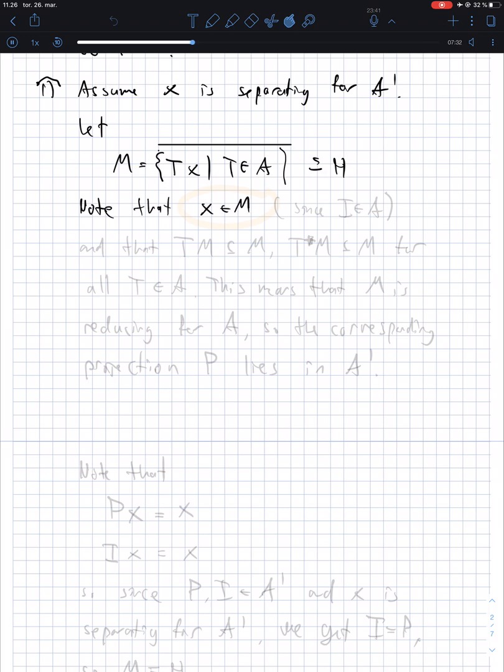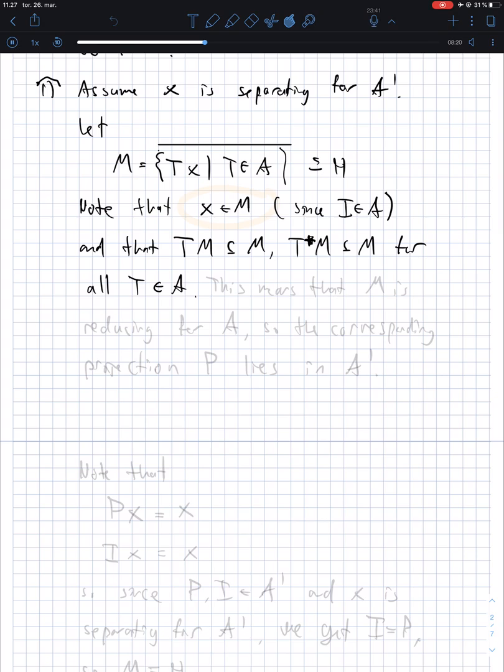So note that X is in M, since the identity lies in A, and that when I apply T to M, I get inside M, and when I apply T star to M, I get inside M for all T coming from A. This follows just by the definition, because if I'm applying T1 to T2x, that has the form T3x, where T3 comes from A, and a star is fine as well, because by assumption A is a sub-C-star algebra, so it's closed under stars.